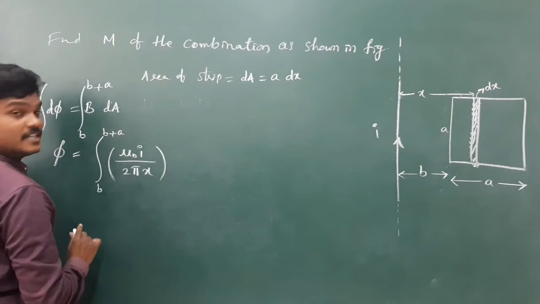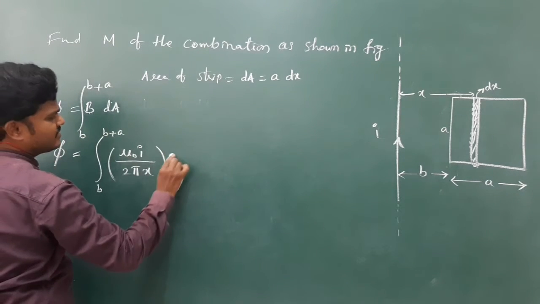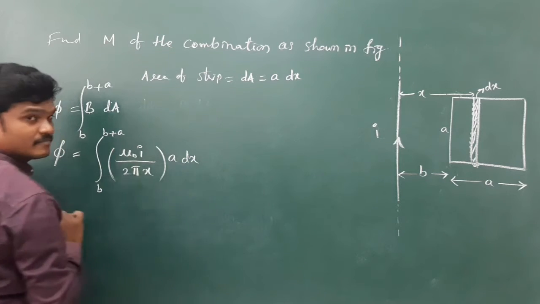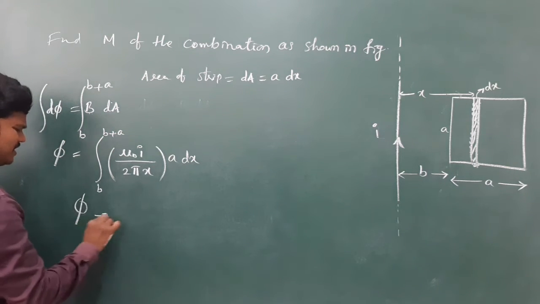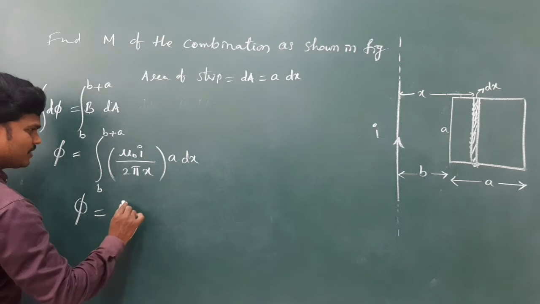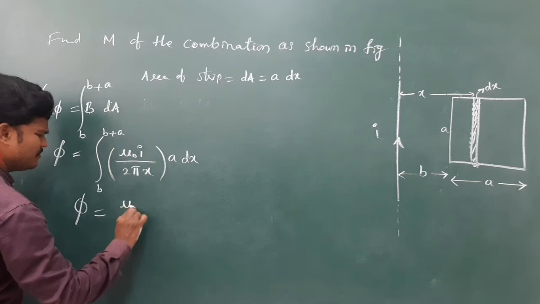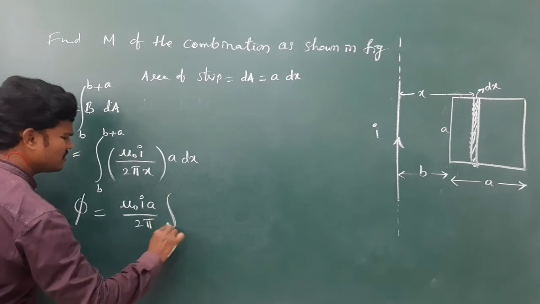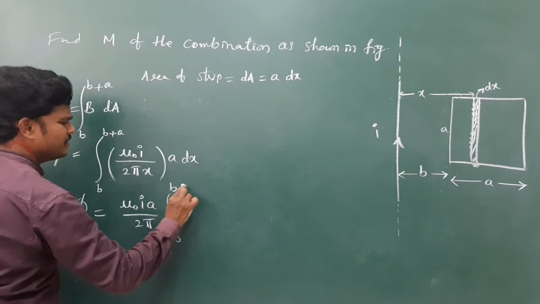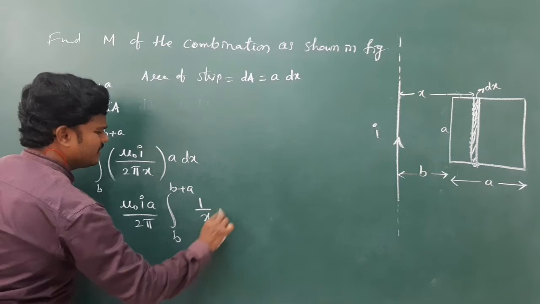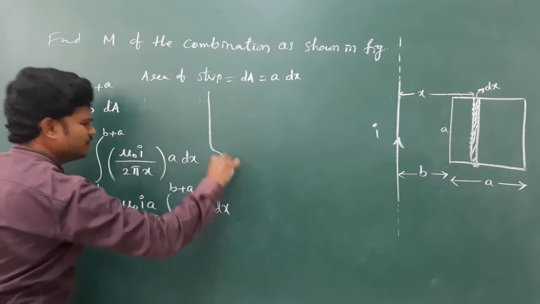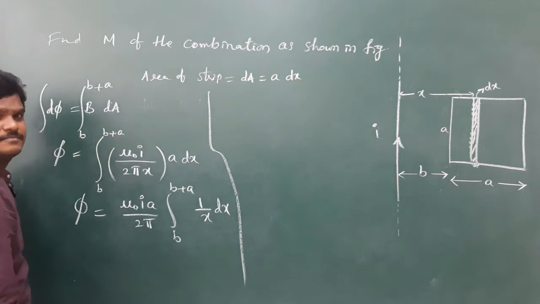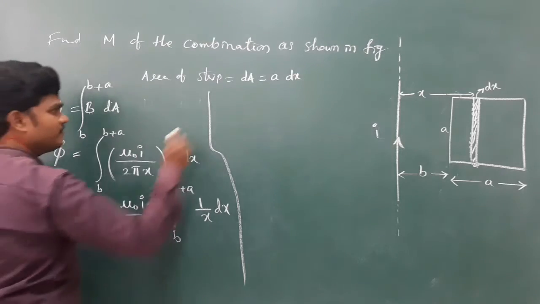This is the magnetic field, and dA is A dx. Then the flux is mu naught I A by 2 pi, which is constant, times the integral from B to B plus A of 1 by x dx. Then do the simple integration and you will get the answer. So first you find the flux.